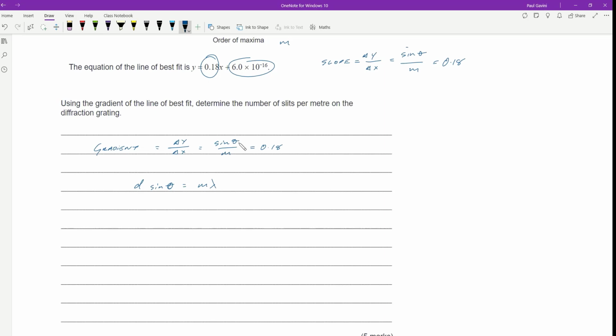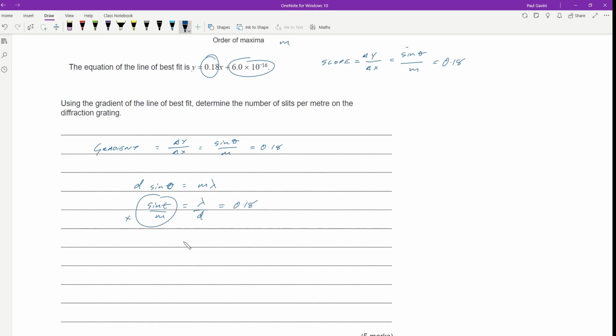So I want to rearrange this equation so it says sine theta over m. So that's times by, on the other side it will be divide by. So sine theta over m is equal to lambda over d. And of course remember this is going to be equal to 0.18. So now I can forget about this because the equation of the line has already worked it out for me.